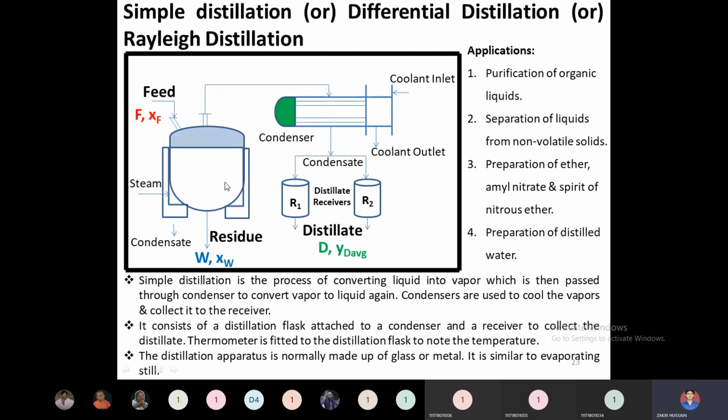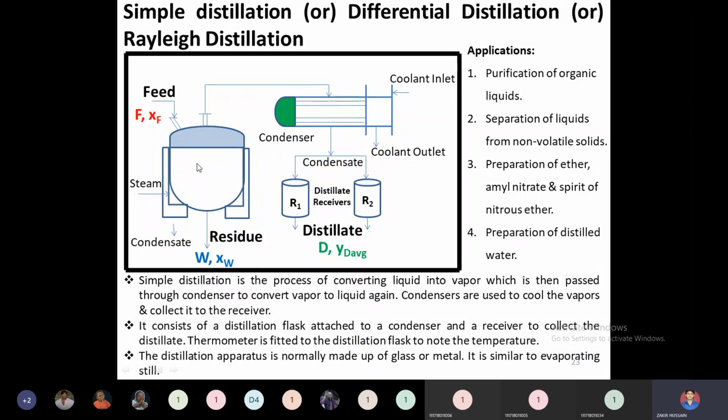We carry out this simple distillation operation until a certain set point of boiling temperature, or until a certain composition of liquid has been received in the receivers. We fix the set point initially, whether the liquid has to be vaporized up to a certain volume or heated up to a certain temperature.